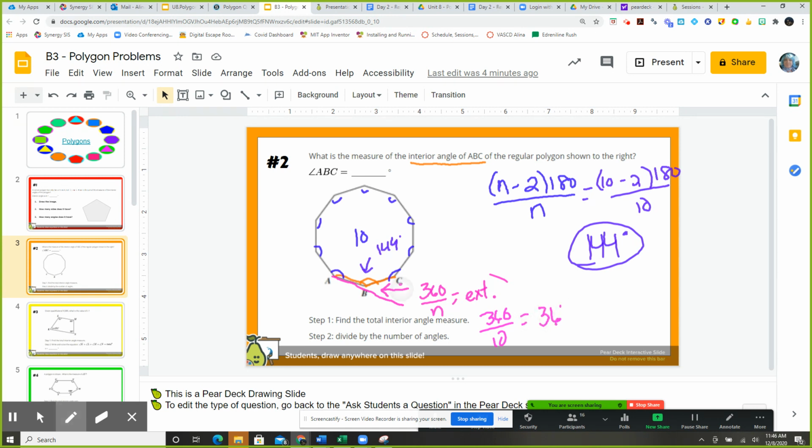And 36 plus the other angle, so interior plus exterior equals 180. So 36 plus 144 equals 180. So it doesn't matter which way you do it, your answer is 144.